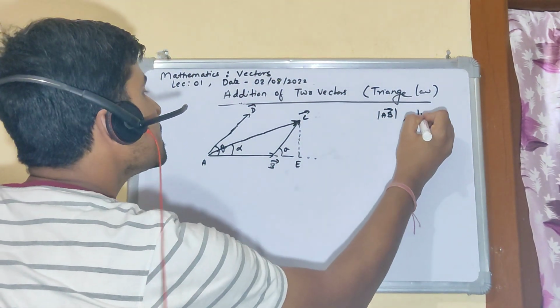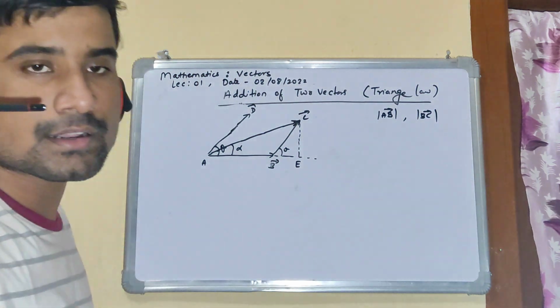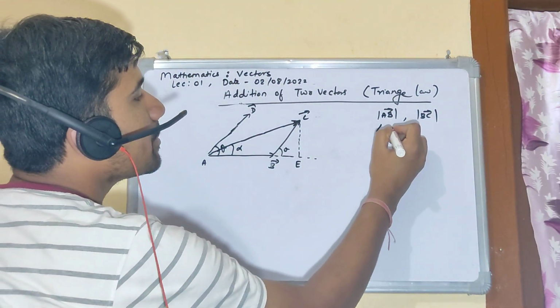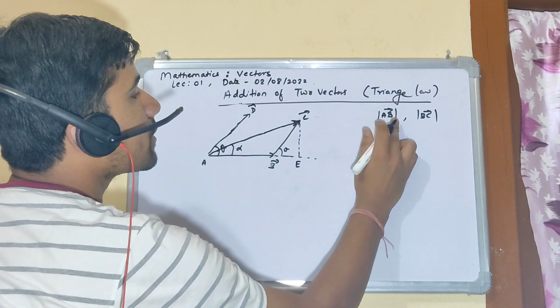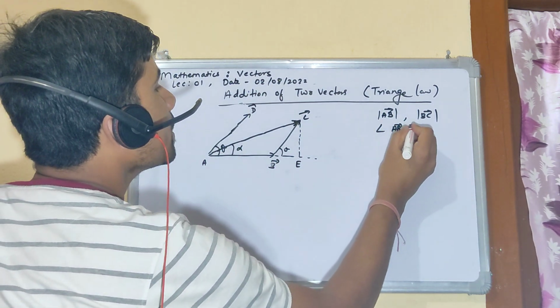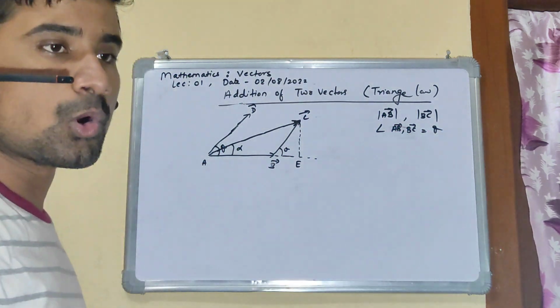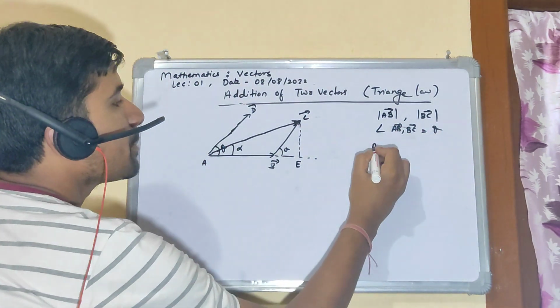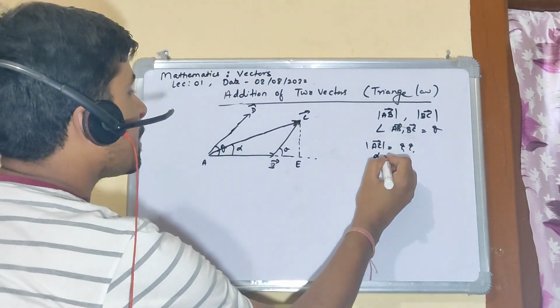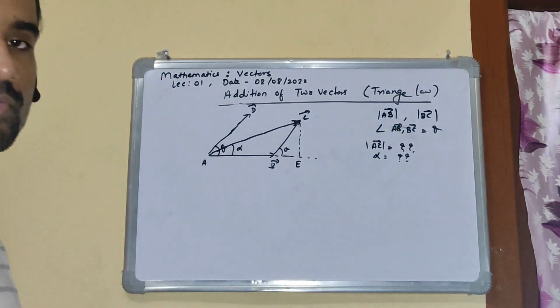I know the magnitude of BC vector, which is my second vector. I know the angle between AB vector and BC vector, which is theta, right? What I need to find is the magnitude of AC vector, which is the resultant vector, and the angle alpha. These two things I need to find, right?